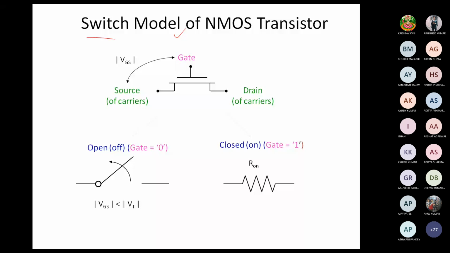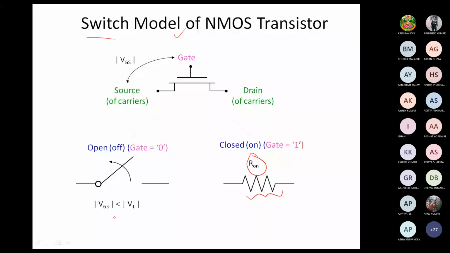this transistor just works like an element of an equivalent resistance equal to R on, and current may pass through it. The condition that the gate is open is when VGS is less than VT.